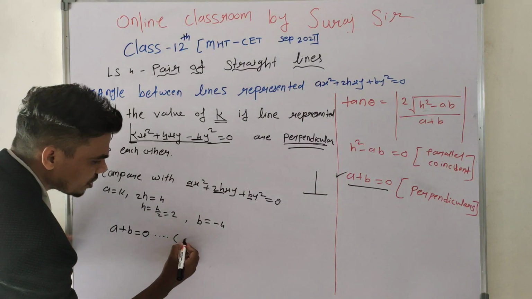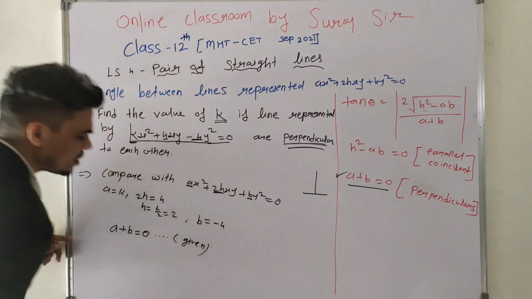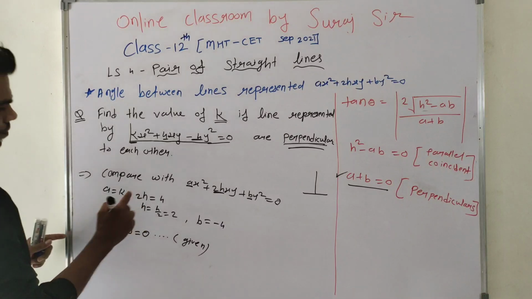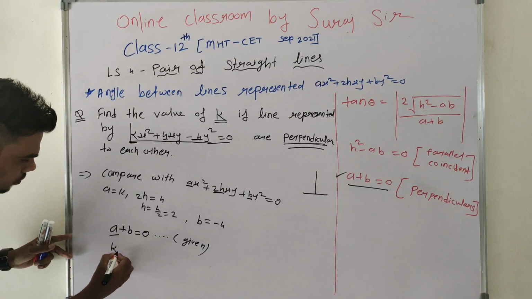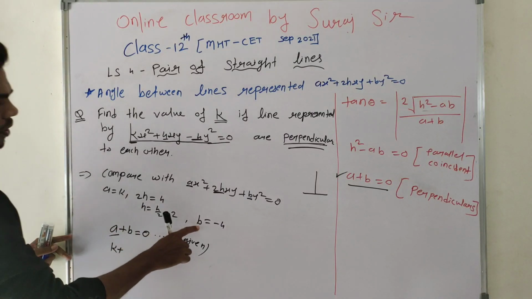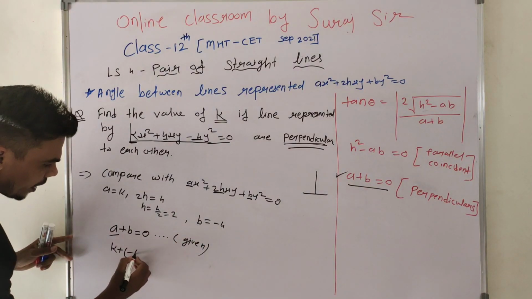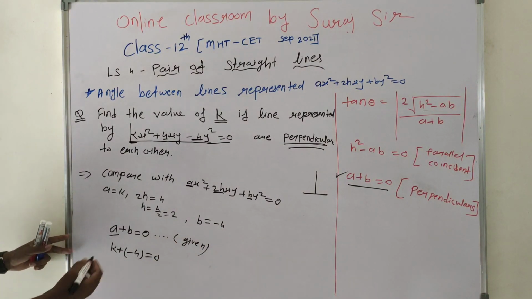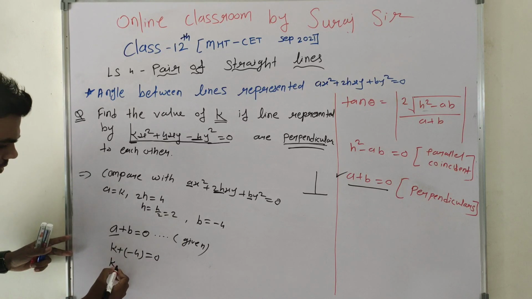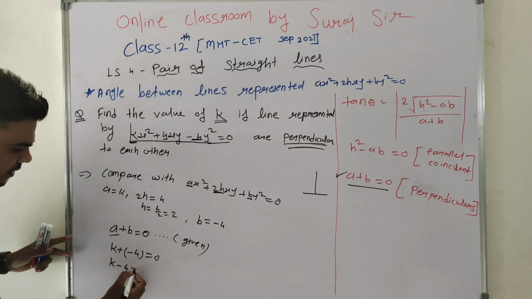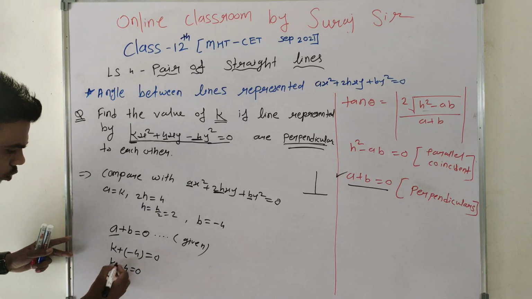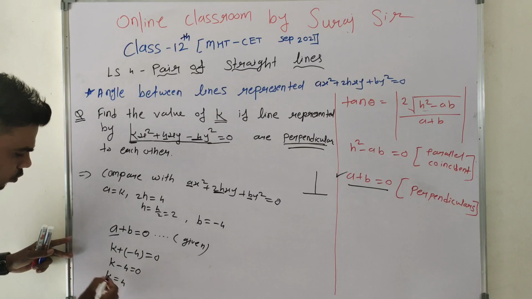This is the given condition. Then the value of a is k, plus the value of b, minus 4, in bracket, is equal to 0. So k plus minus 4 is equal to 0. Then k is equal to minus 4 becomes plus 4.